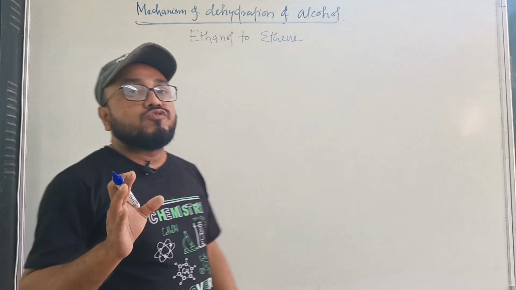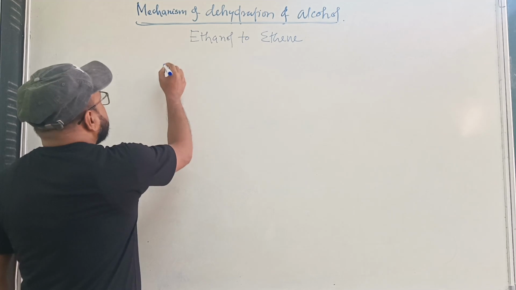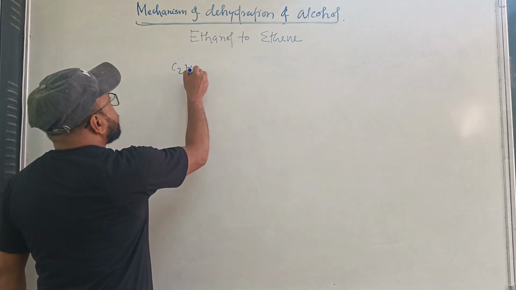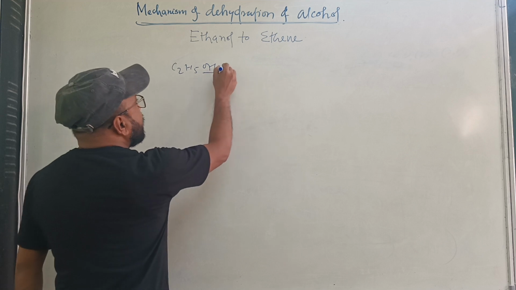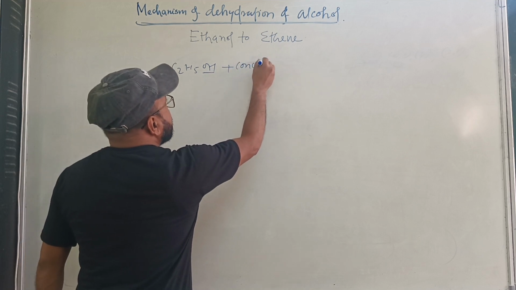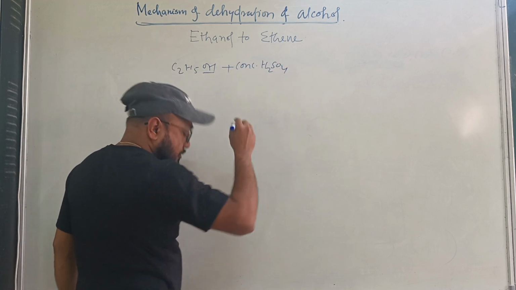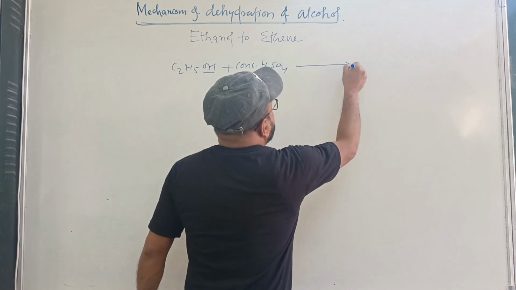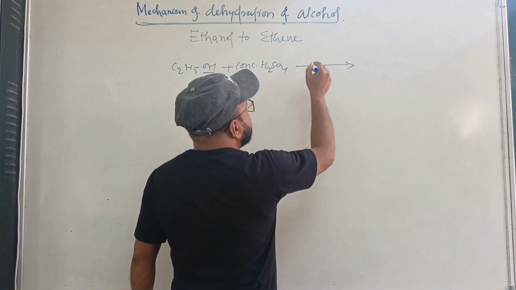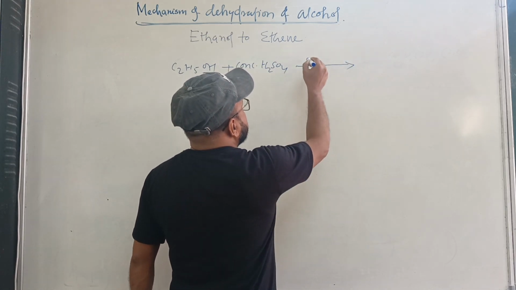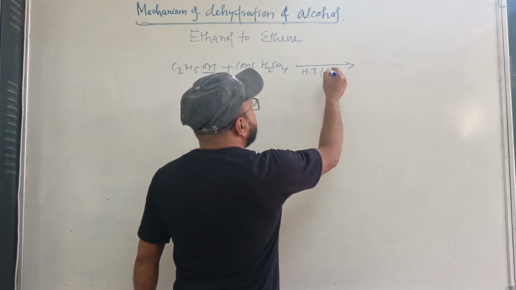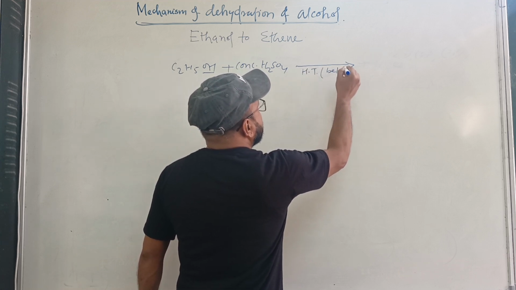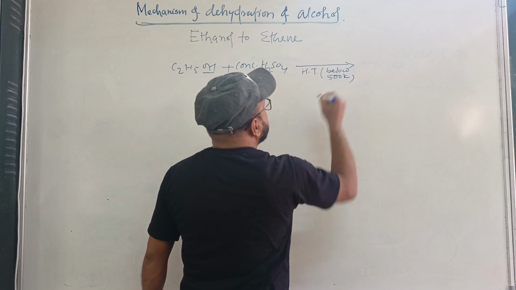The simple reaction involved here: ethanol, C2H5OH, due to the presence of the OH group, plus concentrated H2SO4 at high temperature, below 500 Kelvin.